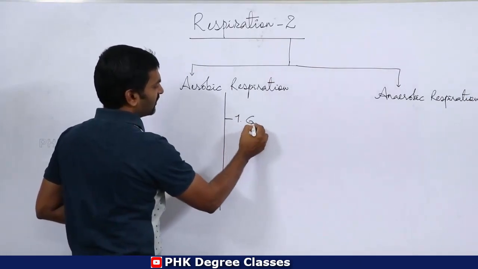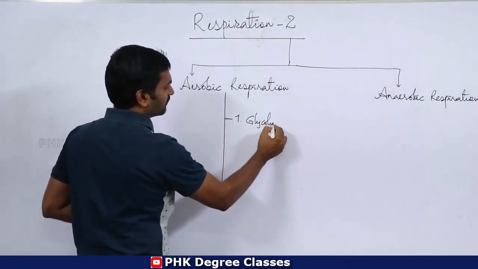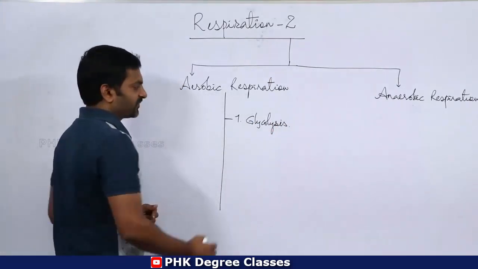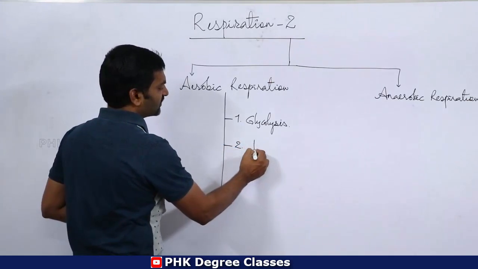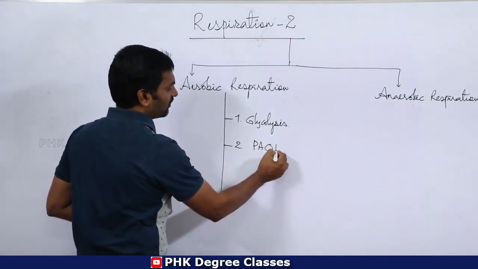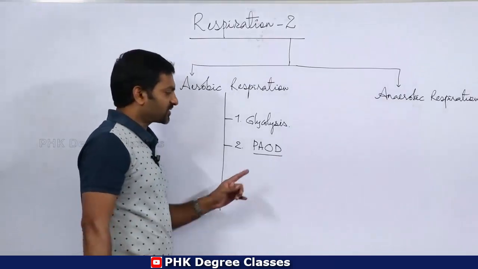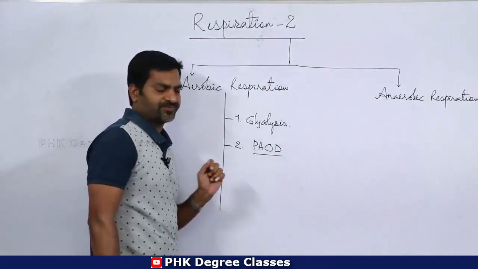The first step is glycolysis. The second step is PAOD, pyruvic acid oxidative decarboxylation.